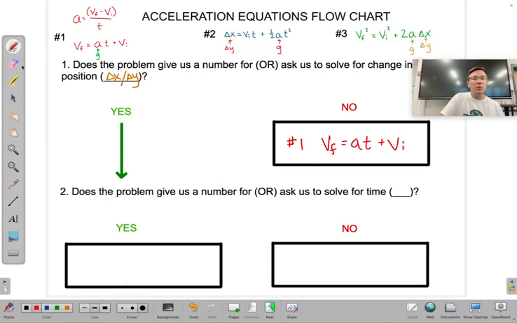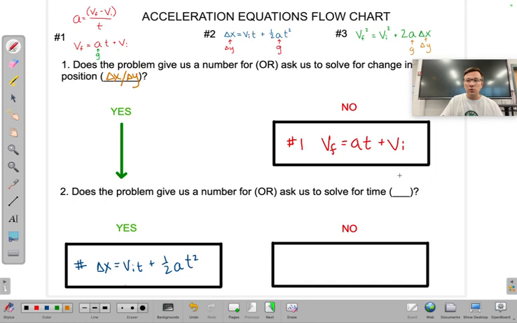So if you answer yes, we do need the time, or yes, we were given the time, then you are going to go with equation number 2, because number 2 has change in position and it has time. Okay? And then, of course, if you answer no, that we don't have the time and we don't need to find the time, then we will go ahead and choose equation 3.